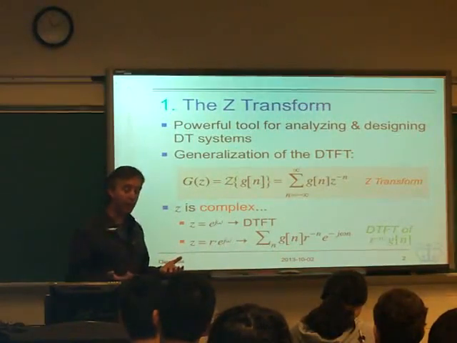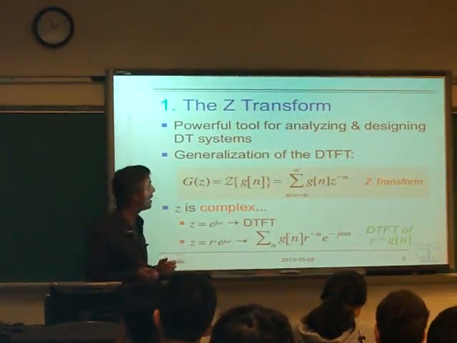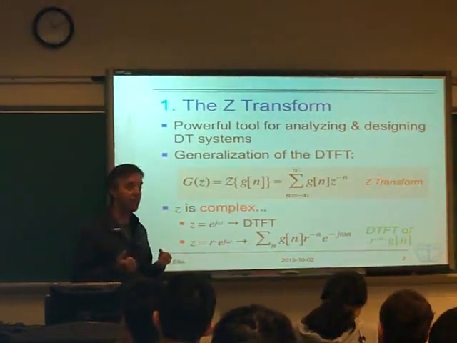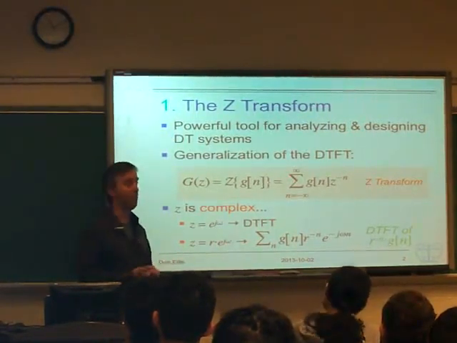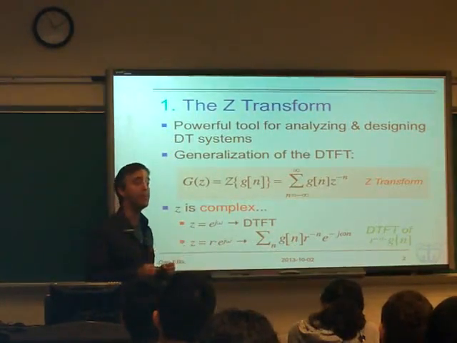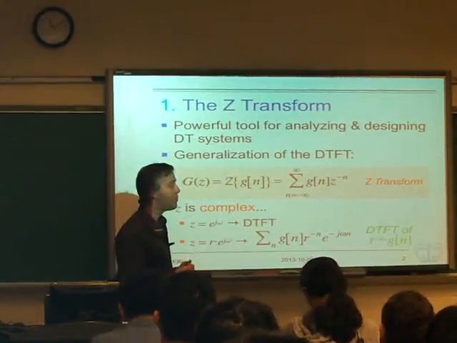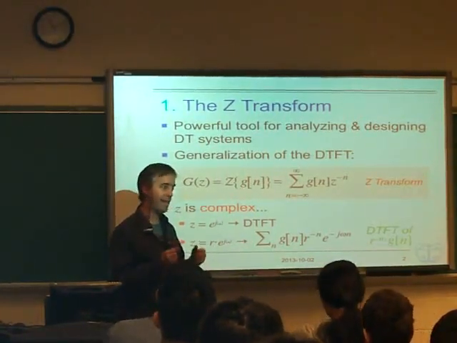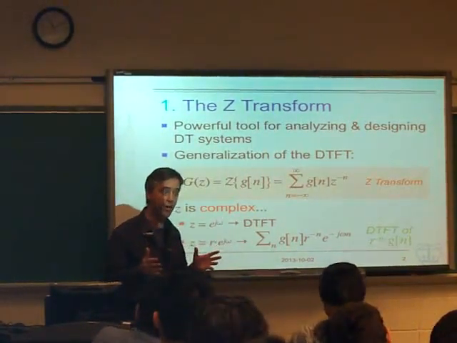The reason we go into this piece of elegant mathematics is because it gives us a tool for designing systems. This is the domain in which we want to design systems. But for me, it's more than that. It suddenly explains what's going on in the Fourier transform.